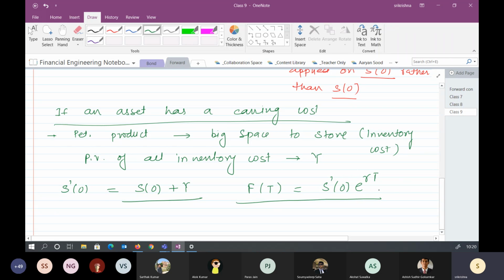Because try to understand, if you buy at t is equal to 0, you need to pay the storage cost along with it, so your total payment would be how much?